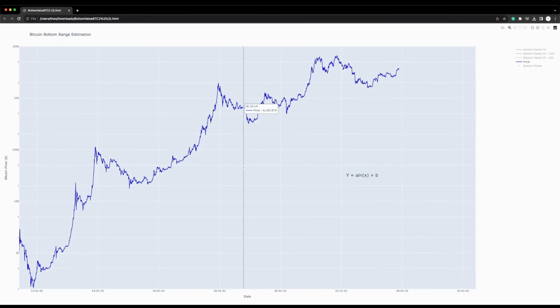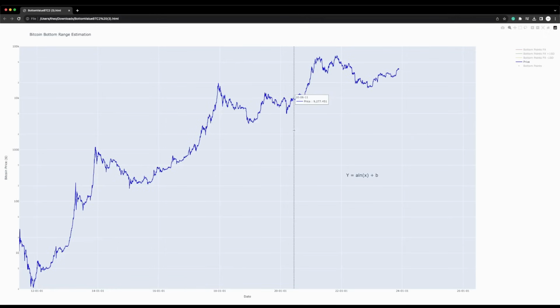In the graph in front of us, we have the Bitcoin price on the y-axis in US dollars, and the y-axis is in a logarithmic scale, and on the x-axis we have the date. By just observing the Bitcoin price, we can see that Bitcoin tends to have these explosive rallies and then retrace to a lower value, establish this lower value as a support, and rally again to a higher value.